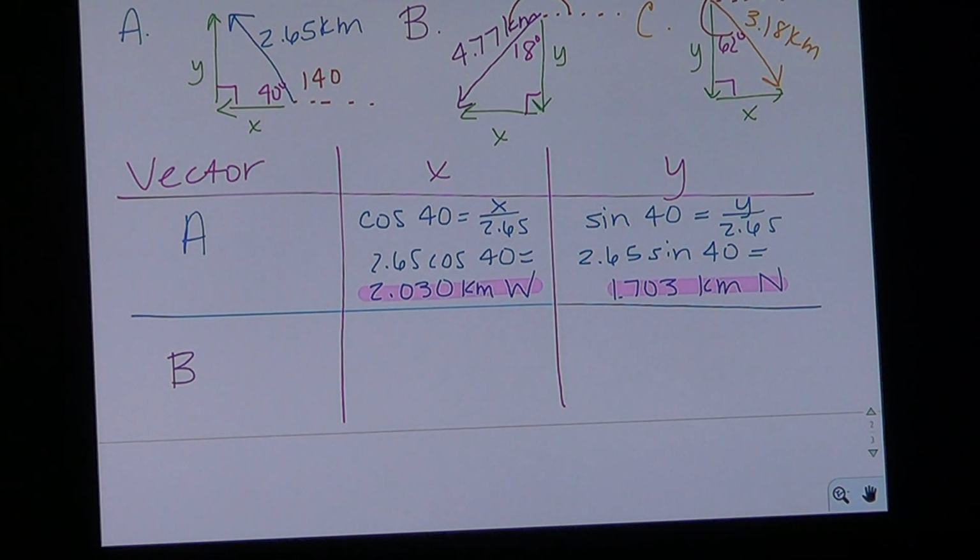And that one is going north. Okay, and then we have to do the same thing for B and C. So see if you can do that for B and C.